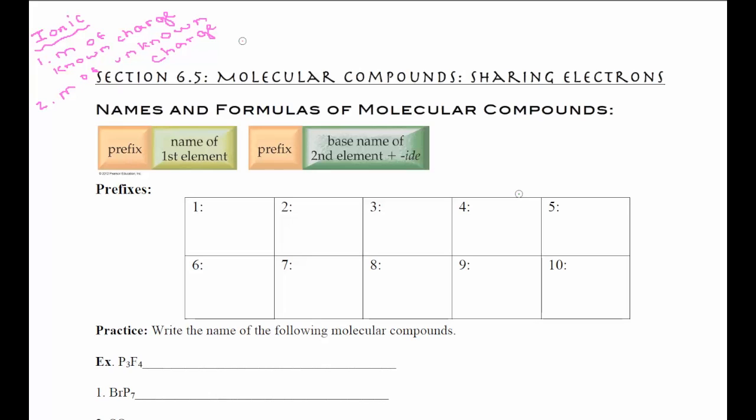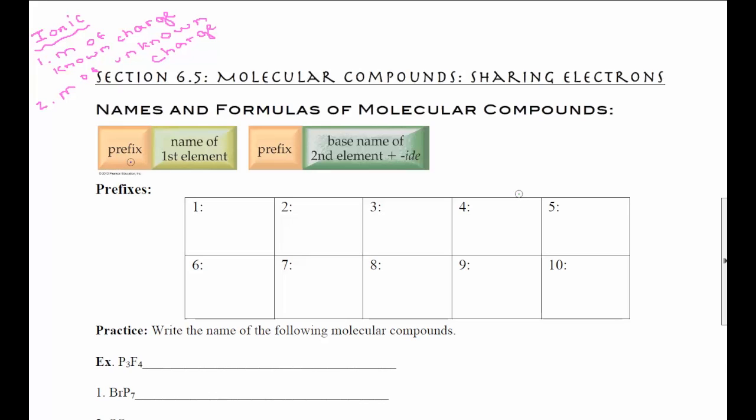Now, with molecular compounds, we are not going to be crossing charges, and in fact, we won't know the formula based on just the name that's provided. So when you are talking about molecular compounds, you have to include the number of atoms in the name, using prefixes.